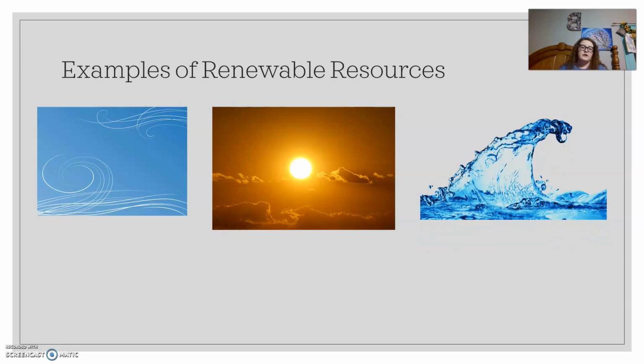And the last one is water, and we can use hydropower plants, and water wheels used to be used where the water will turn a wheel to create electricity and energy.